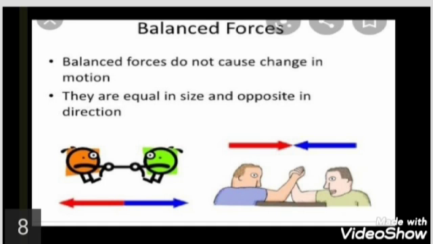Balanced forces do not cause a change in motion. They are equal in size and opposite in direction. All of you note down the balanced force in your notebook.